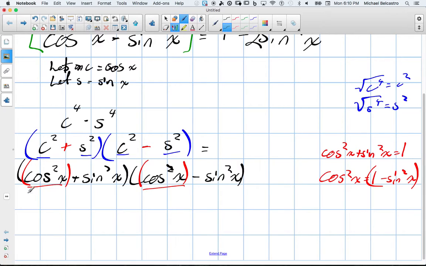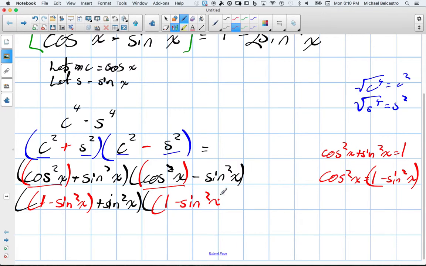So we'll end up with 1 minus sine squared x plus sine squared x, times 1 minus sine squared x minus sine squared x.